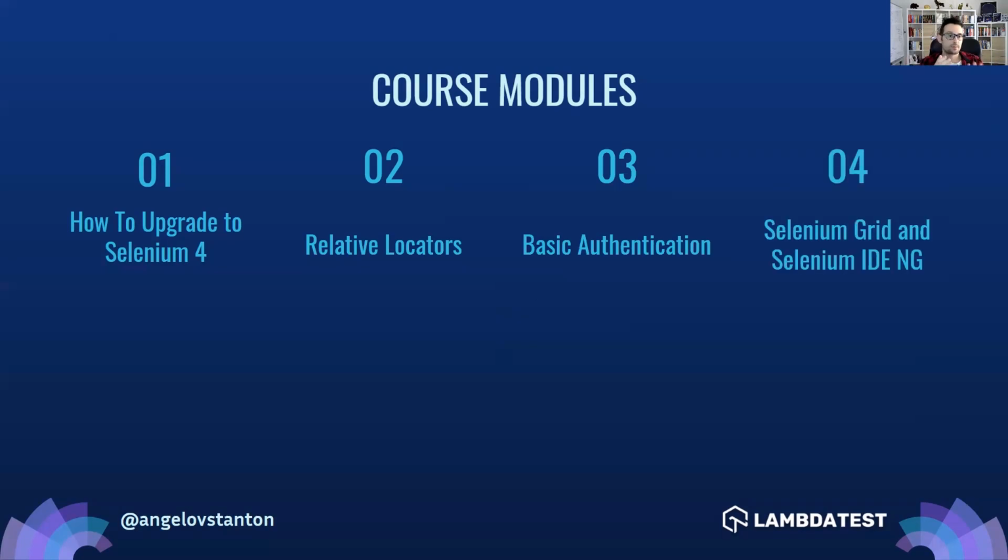Then in the next module, we are going to discuss the new Selenium IDE next generation, that it's not only running as an extension for Firefox, but actually it's completely rewritten and it's available on various browsers and has many new capabilities. And together we are going to discuss the new rewritten Selenium Grid that can help you to run your tests distributed.